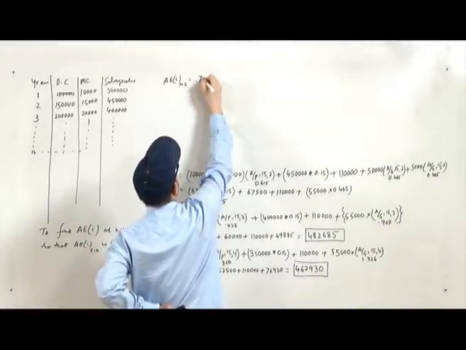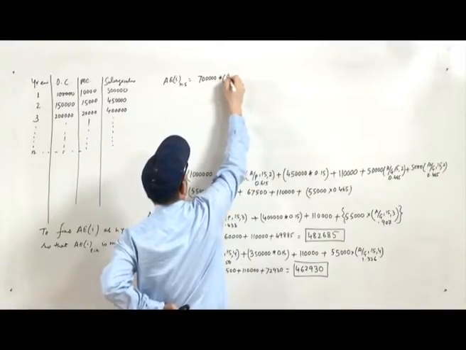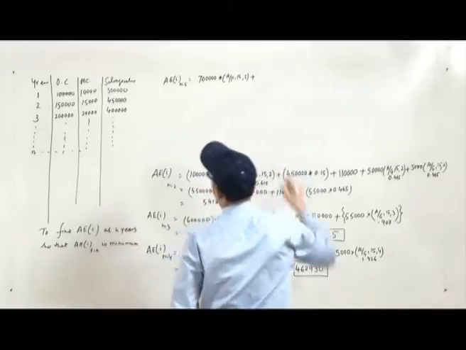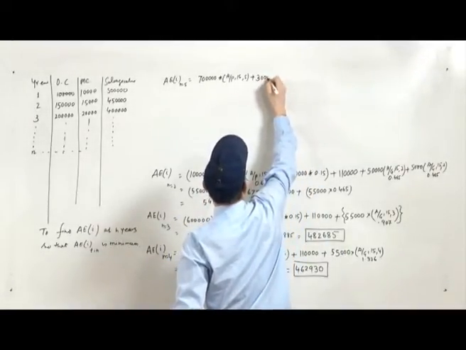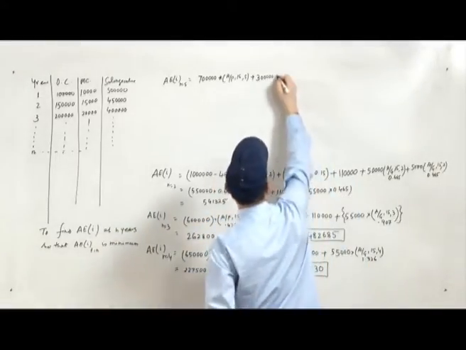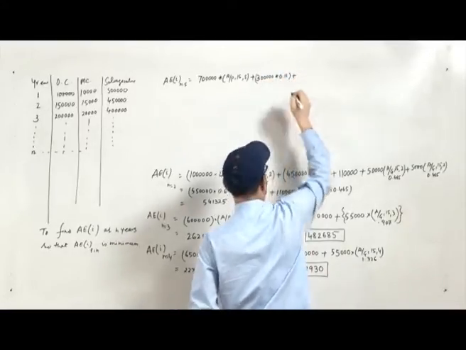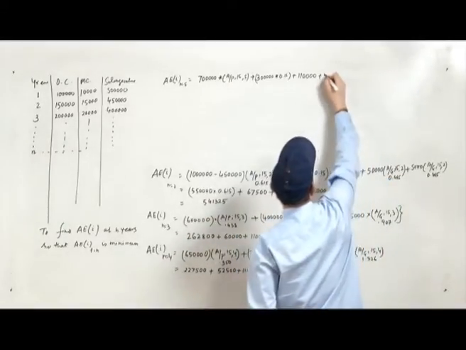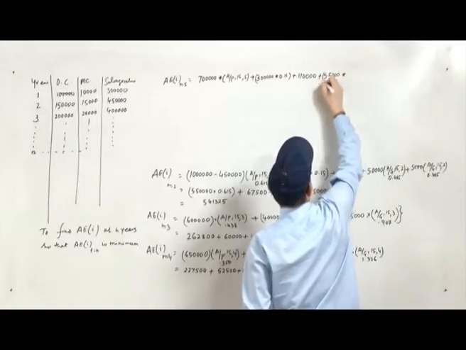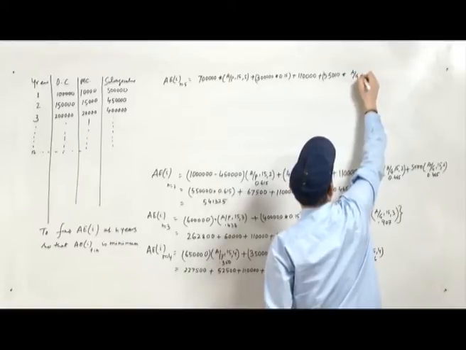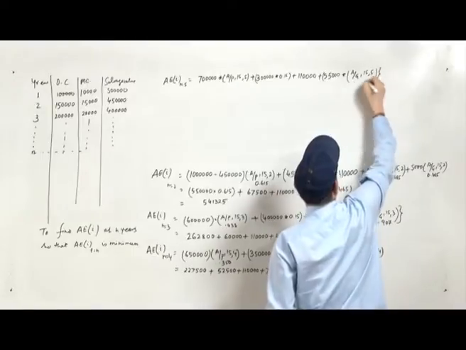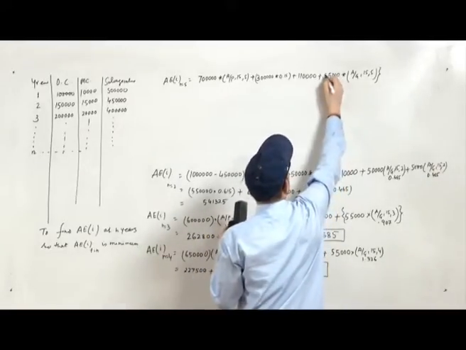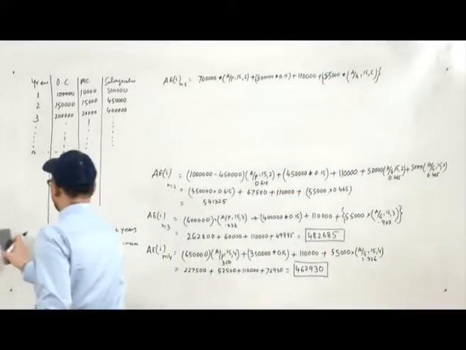So, you will have 7 lakh multiplied by A by P 15.5, plus salvage value 3 lakh multiplied by interest rate, plus 1,10,000 plus 5,000 multiplied by A by G 15.5.